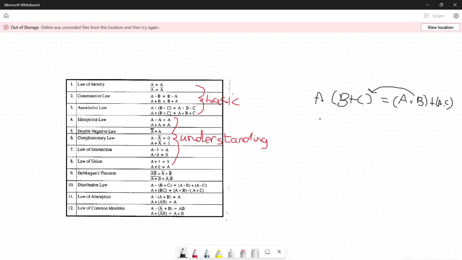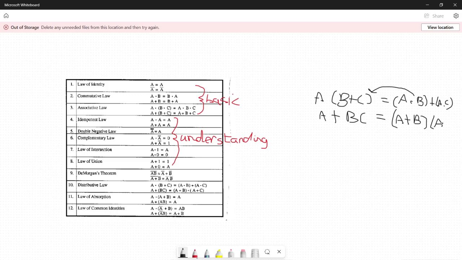And then the next one is A plus BC is equal to A plus B, and then A plus C. I mean, A times C. No, sorry.